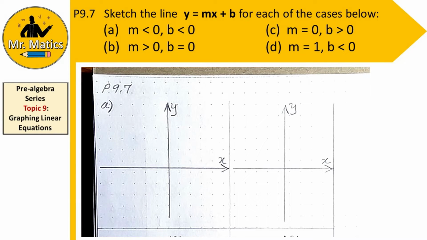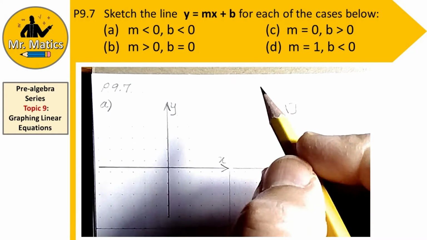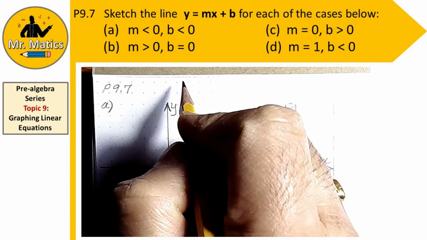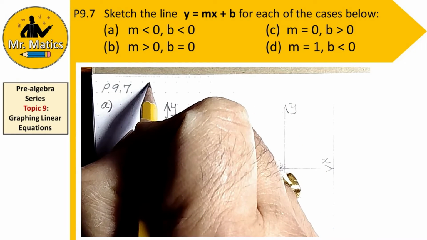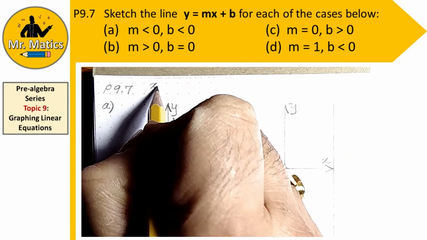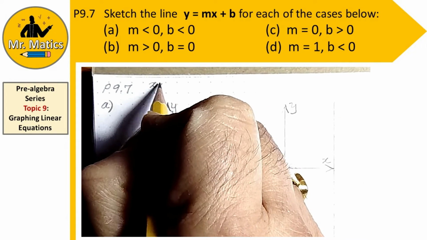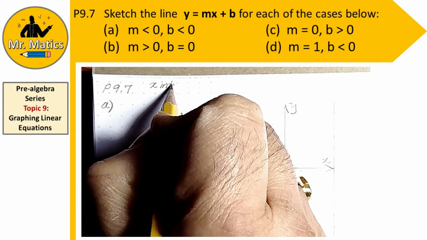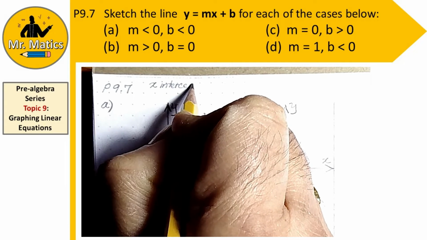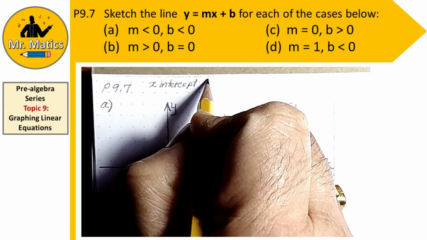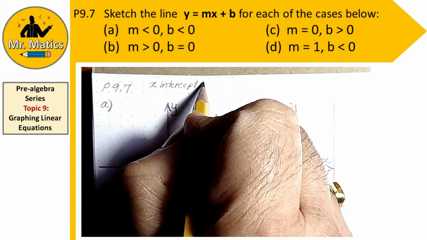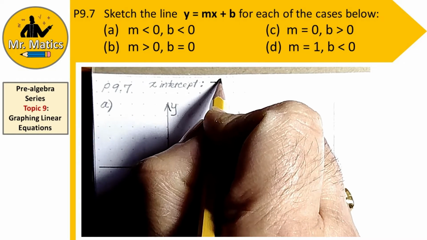x and y, and we have to trace a line which has m less than 0 and b less than 0. So two things we are going to first look at: the value of x-intercept, which is minus b over m.